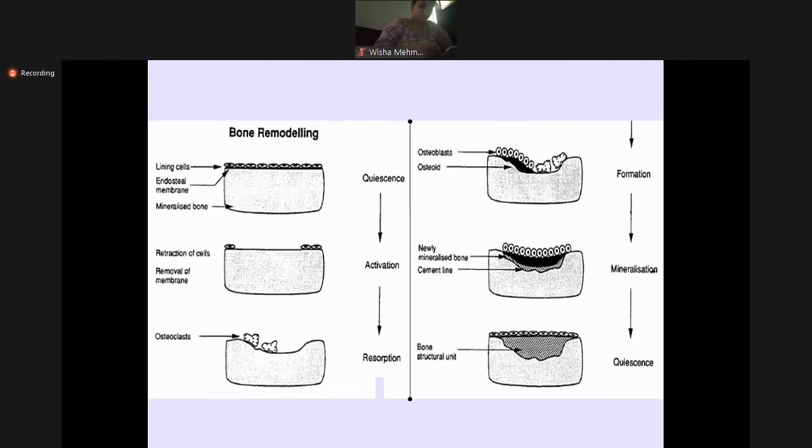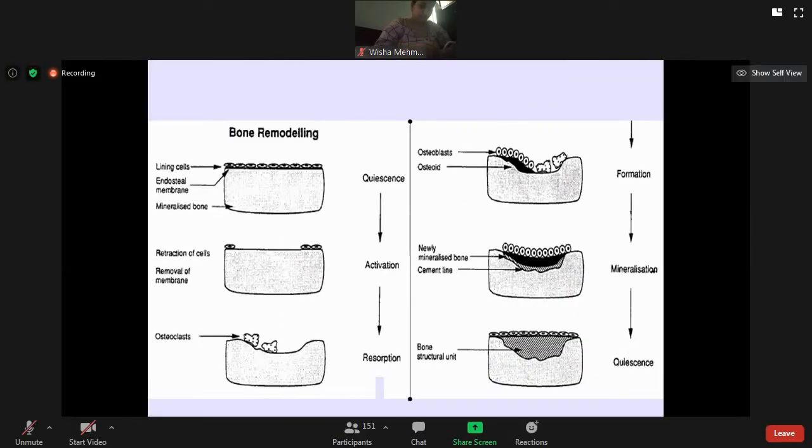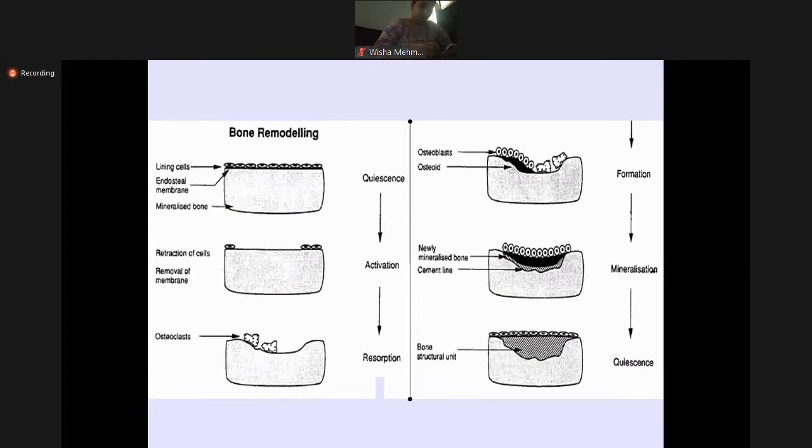Now at the point of attachment, a ruffled border is formed by the folding of the cell membrane. You can see here that a ruffled border is formed, and resorption of that particular bone resorbing compartment occurs by the activity of the osteoclast.